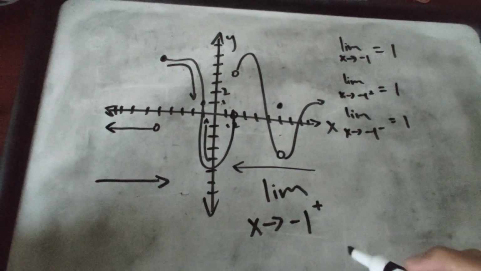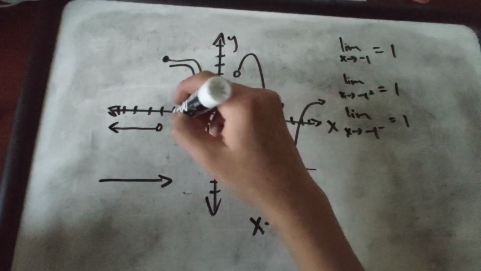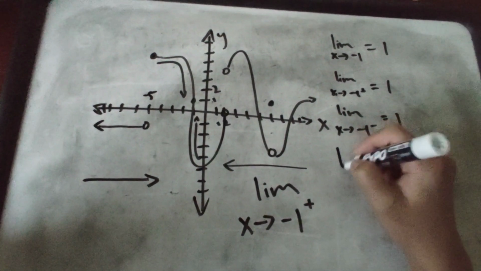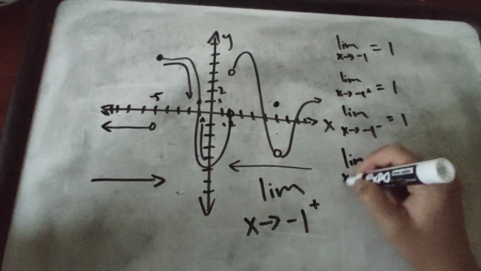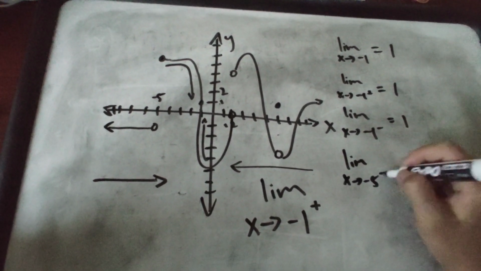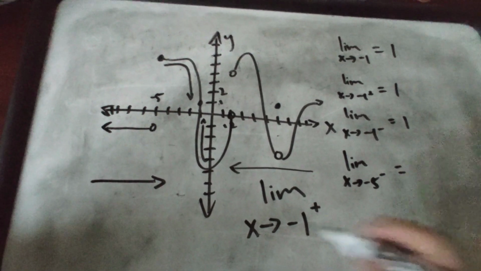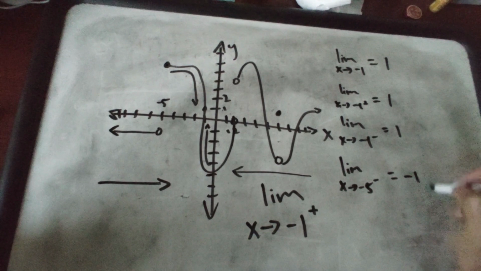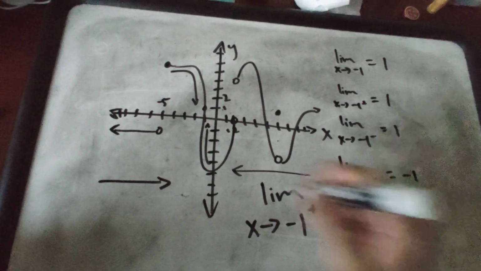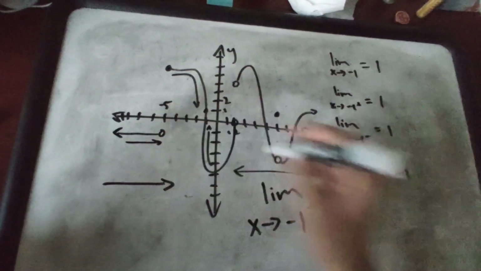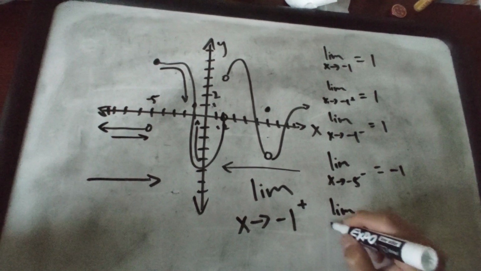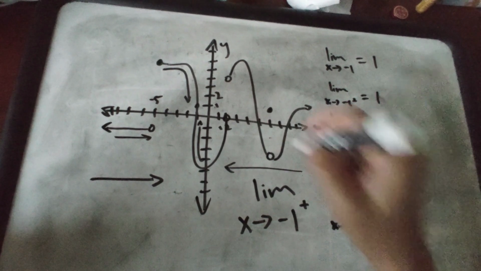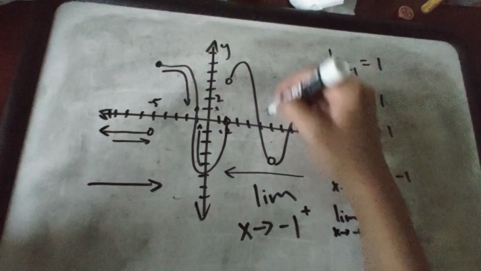But let's take a look at this other point over here, when x equals -5. So when x approaches -5 from the left side, the value would be around -1. But when x approaches -5 from the right side, that's going at it from here.